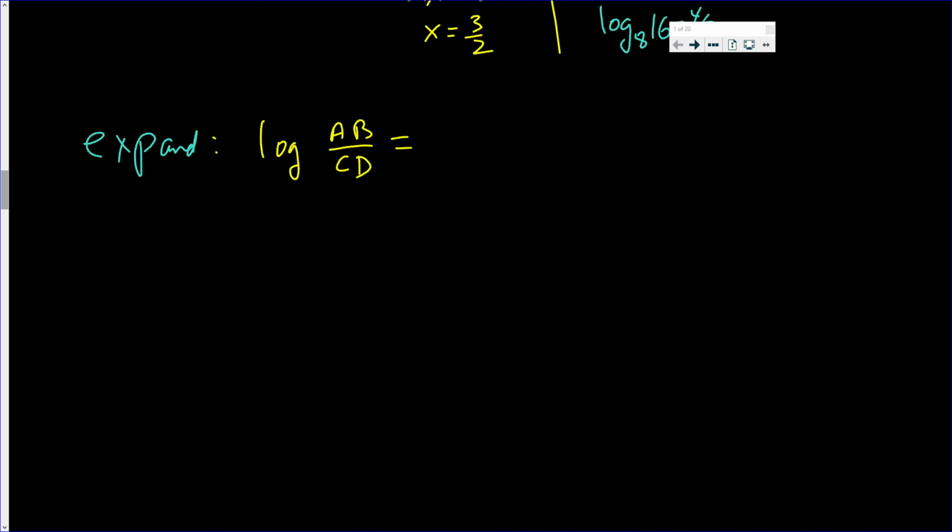So the factors are a, b, c, and d. A and b are in the top, so it's plus log a plus log b. The c is in the bottom, so it's minus log c. The d factor is in the bottom. Minus log d.